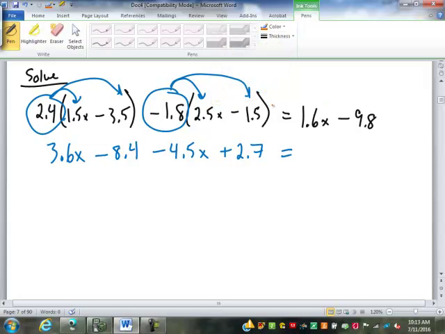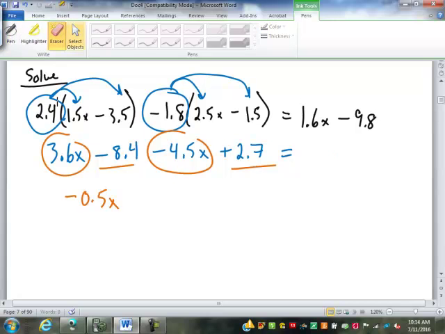Is there anything we can combine over here? Yeah, 3.6 and negative 4.5 make negative 0.9x.